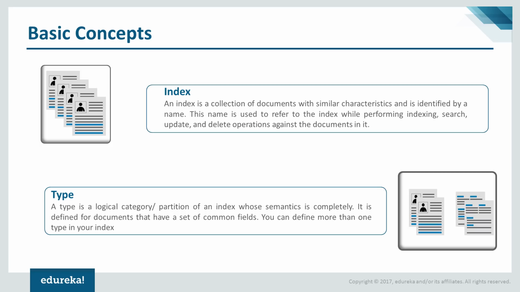Now let's understand what an index is. An index is basically a collection of documents with similar characteristics, and it is identified by a name. Whenever we want to work upon a collection of documents, we define the index on which we have to work. So you can consider it as an identification of a certain type of document.